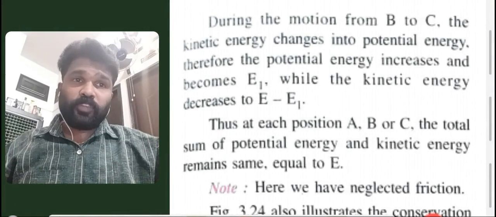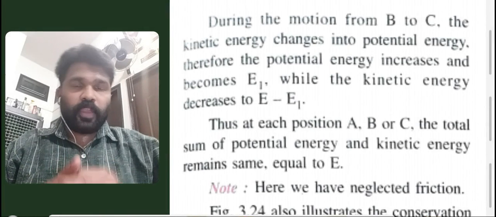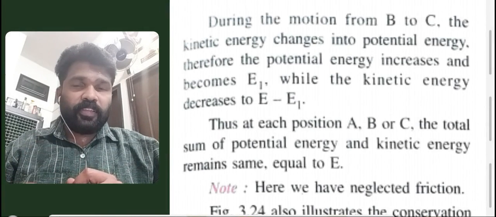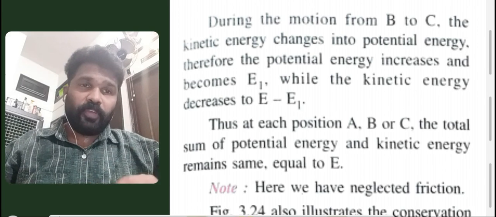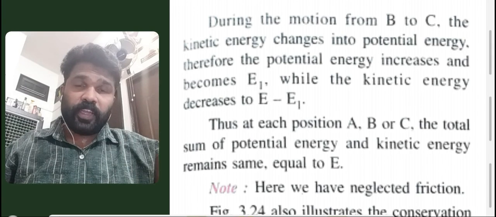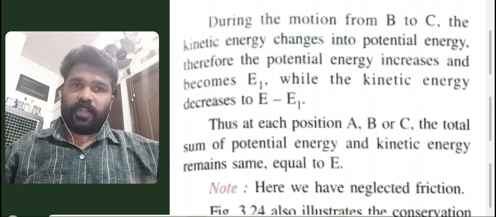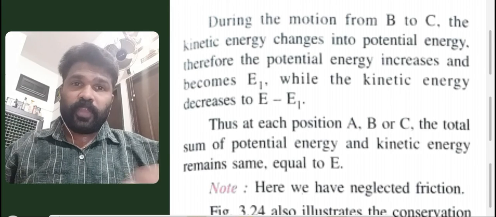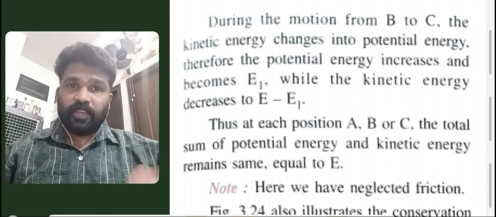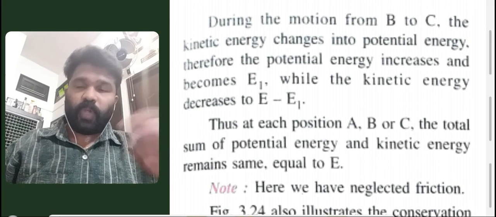During the motion from B to C, the kinetic energy changes to potential energy. Therefore, the potential energy increases and becomes E1, while the kinetic energy decreases from E to E minus E1.